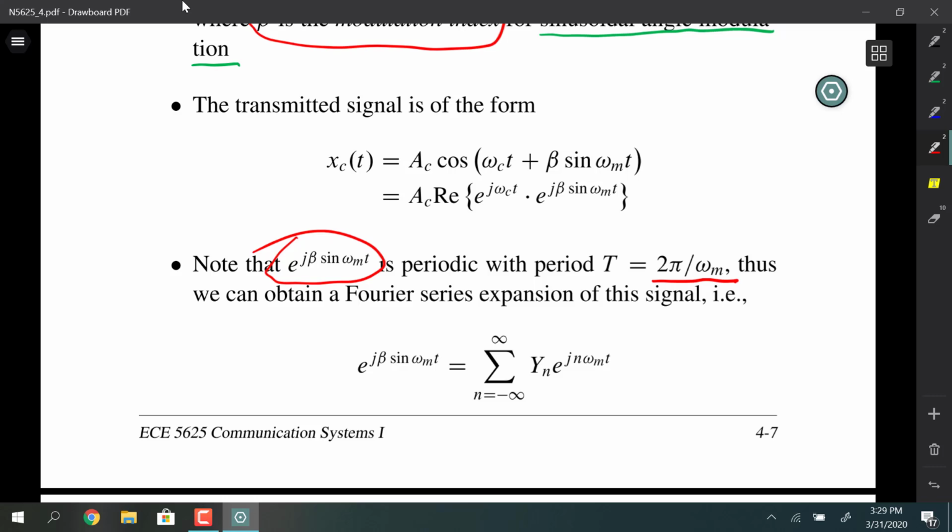So we go ahead and say it has an expansion, and the harmonics are multiples of omega m in radians per second, and then we just need to find the coefficients. And we can do that using the Fourier integral.